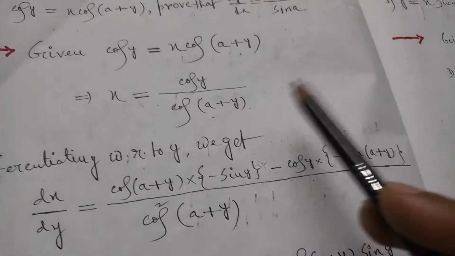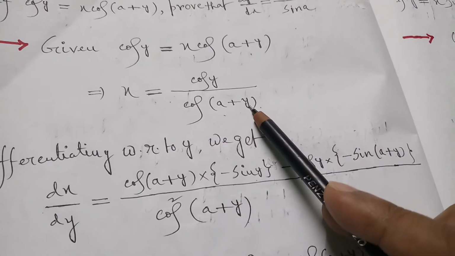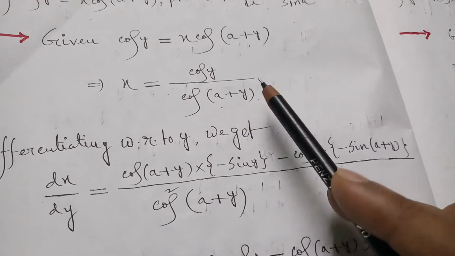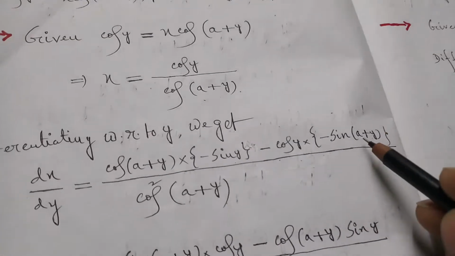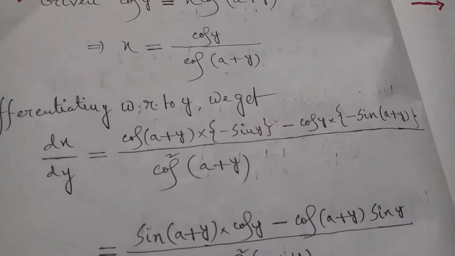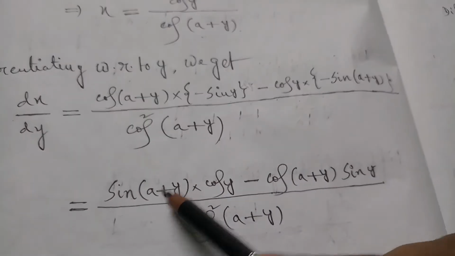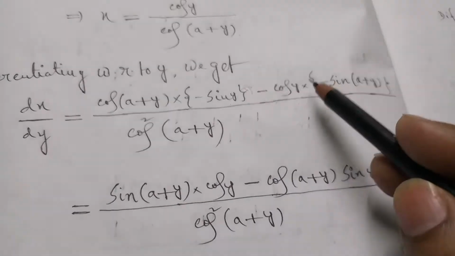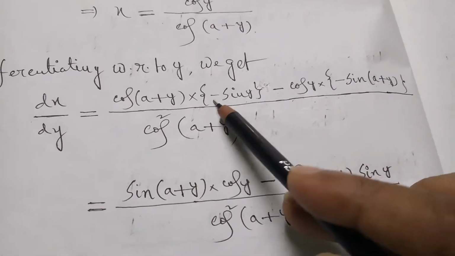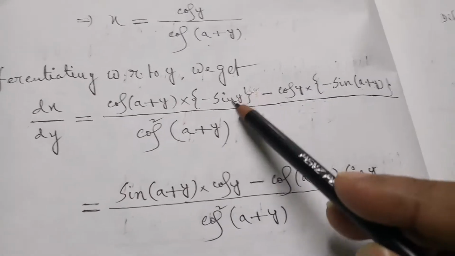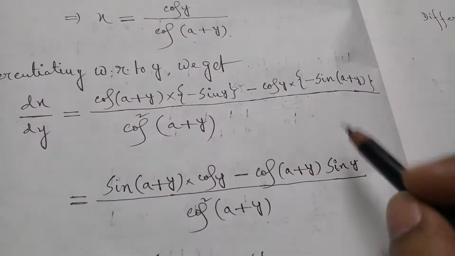Clear? And the derivative of (a + y) with respect to y is 1, so it should be minus sin(a + y). So now minus minus plus, so sin(a + y) into cos y minus sin y into cos(a + y).